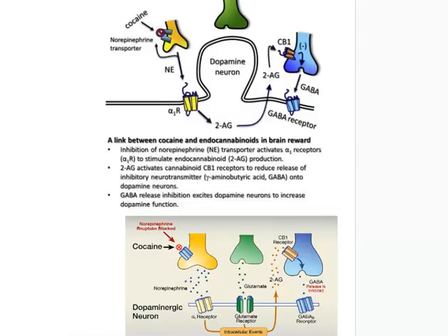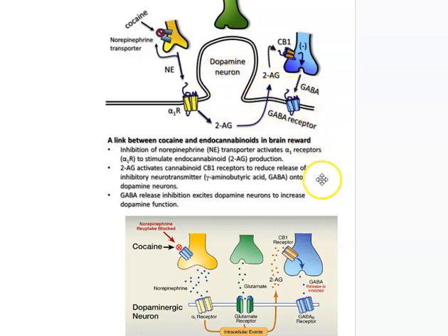You don't need to really memorize the mechanism here, but the idea is that you have those cannabinoid receptors. THC can bind and activate those, and it's going to stop the release of GABA, so you aren't going to inhibit the dopamine neurons anymore.